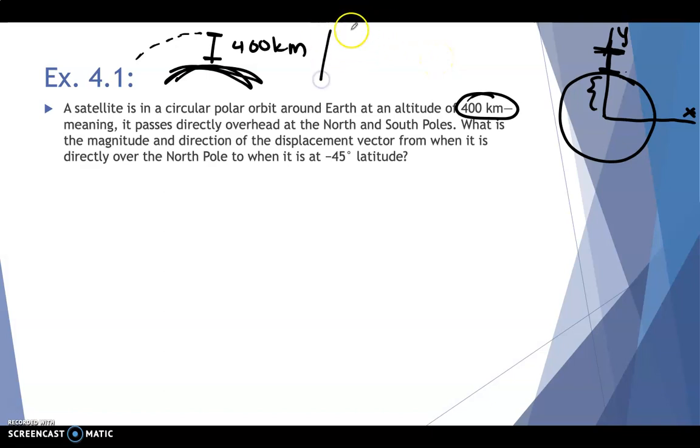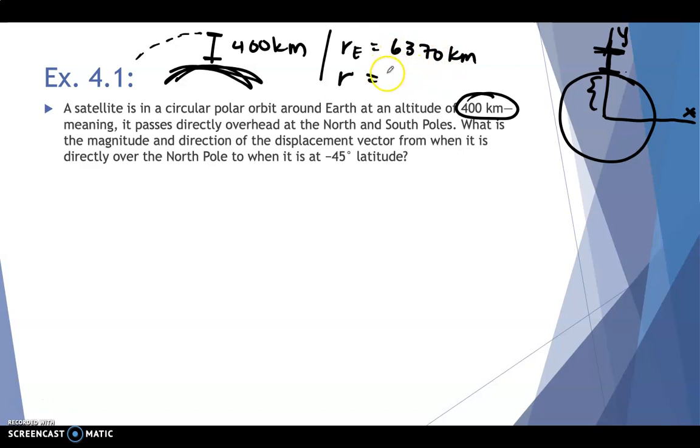Okay, so the radius of Earth, I'm going to label it that way, is 6,370 kilometers approximately. So our total radius that we will be looking at will be 400 plus that 6,370 kilometers.